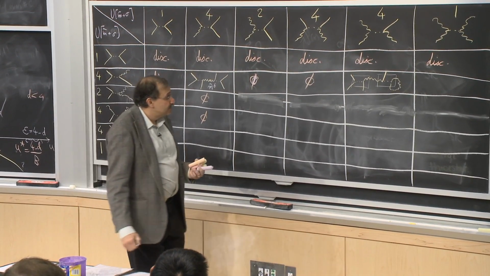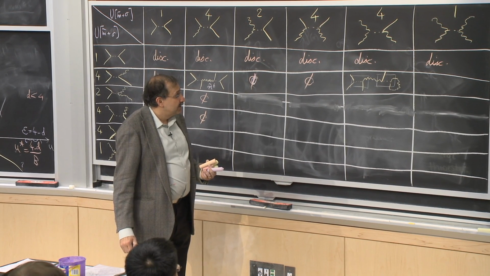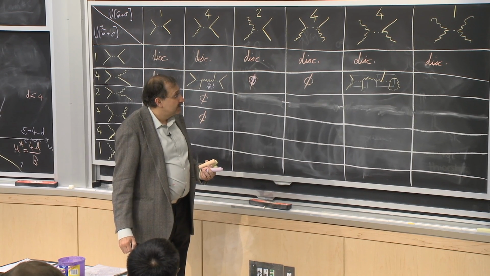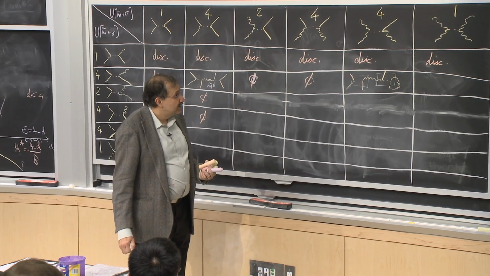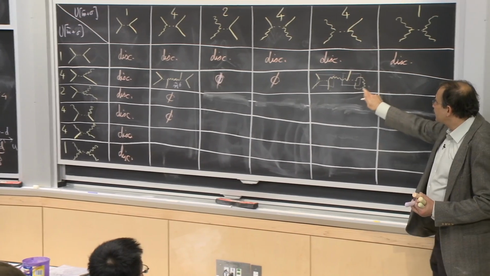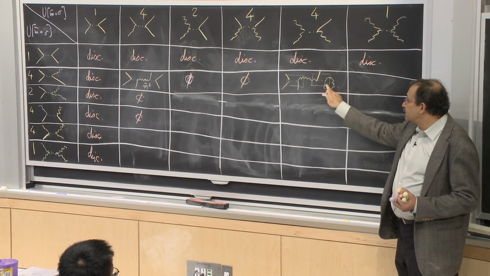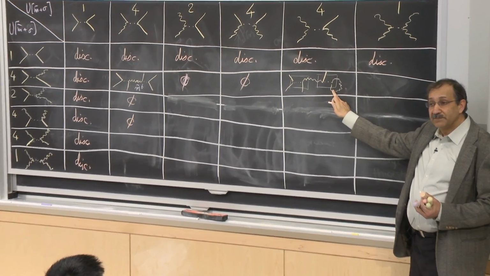Now, if we look at this diagram, once I have joined these two together, I have ensured that the sum of these two is 0.